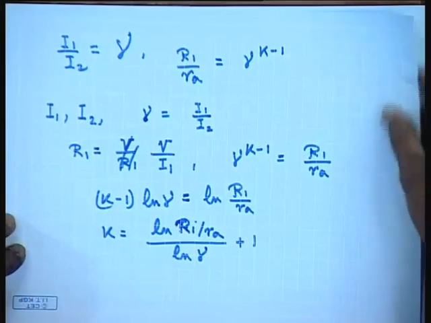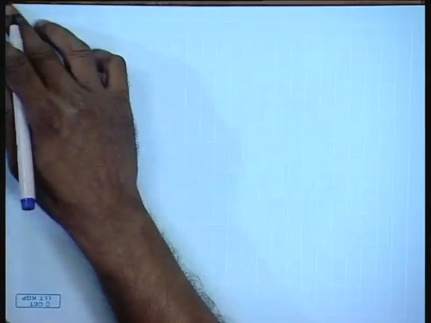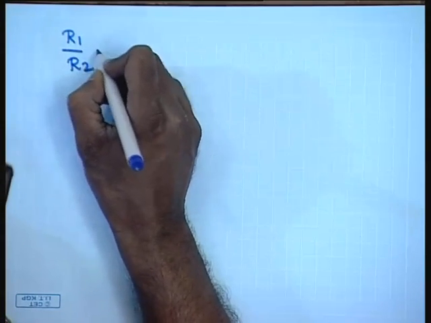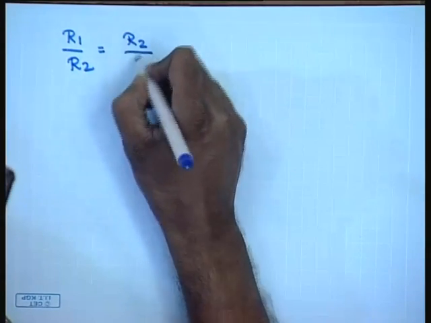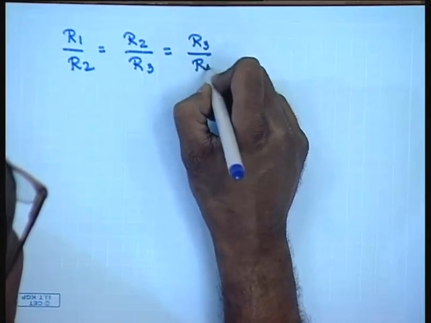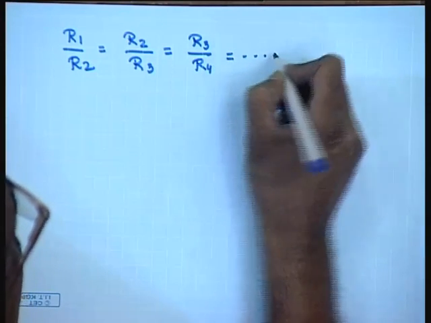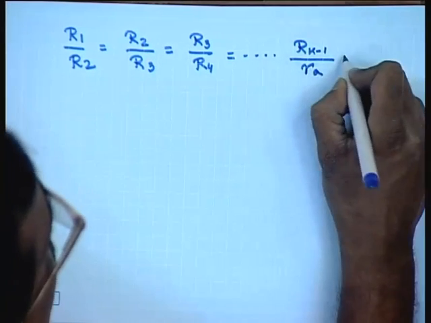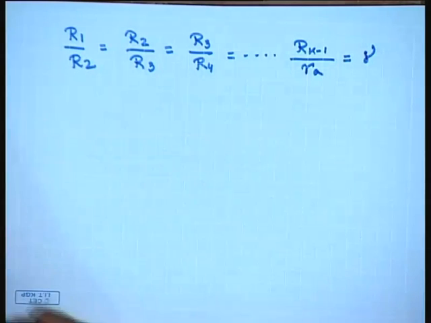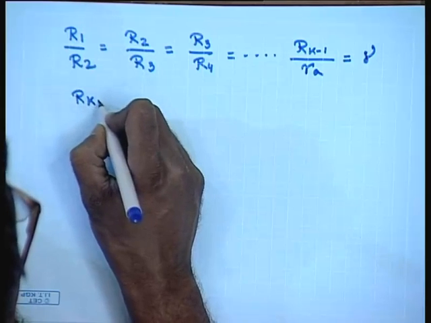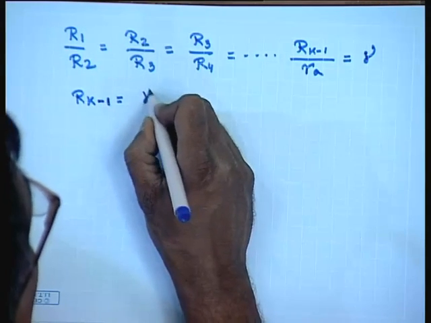Once number of section has been chosen, then of course, we can always find out the resistances from the relationship R1 by R2 equal to R2 by R3 equal to R3 by R4 equal to, this way, R k minus 1 by R k, which is nothing but R a, equal to gamma. So, R k minus 1 equal to gamma R a.